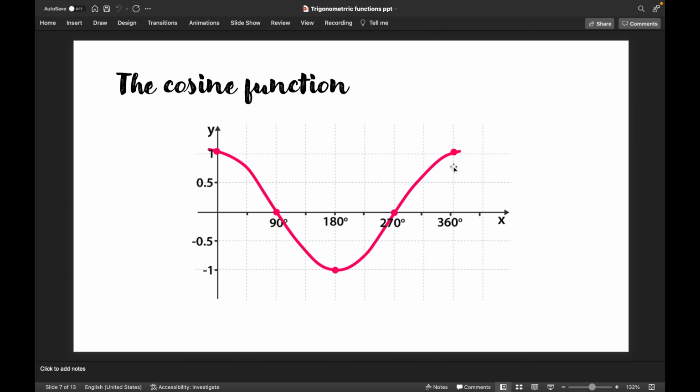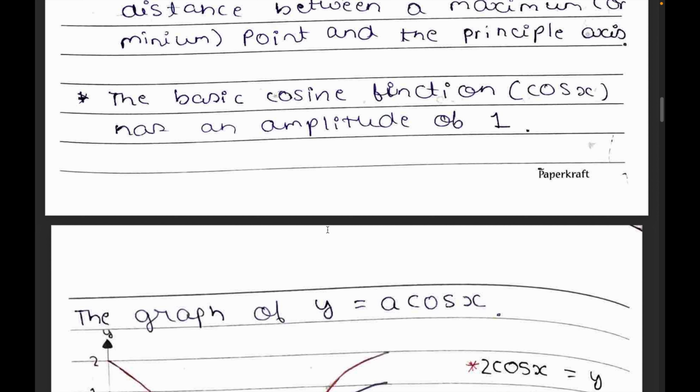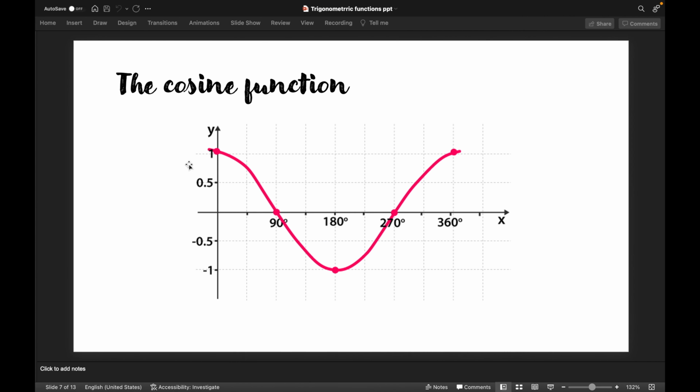So the amplitude for this would be 1 because this is the principal axis and the maximum occurs at 1. The amplitude here also is 1. Anyways, let's move on. The basic cosine function has an amplitude of 1, as you can see in the graph.